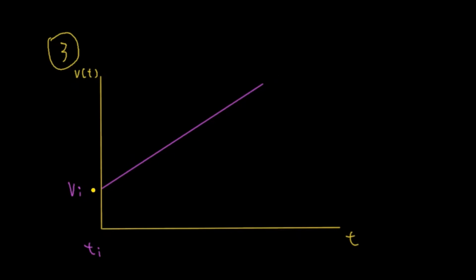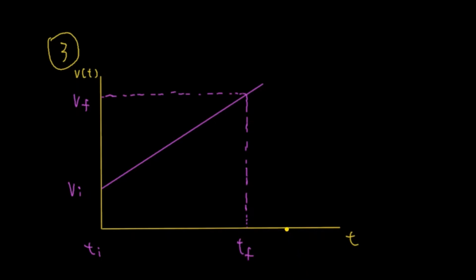Or maybe we start from here, even though the initial velocity is not 0, but we start counting from here. So time is 0. Okay, so let's say at some point here, you have reached final velocity. So V final is here. Then the corresponding t value, the time here, would be t final.